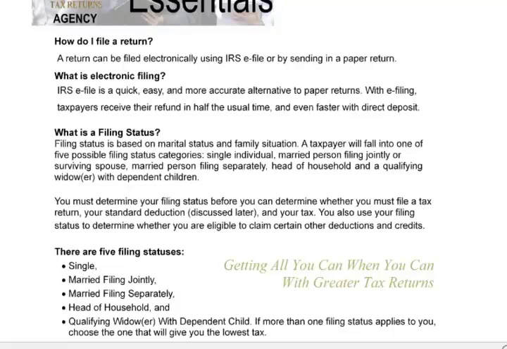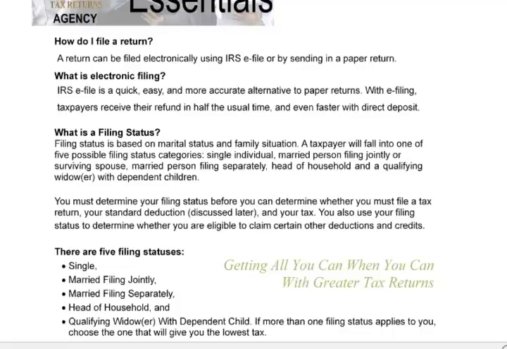What is a filing status? Well, a filing status is based on marital status and family situations. A taxpayer will fall into one of 5 possible filing status categories, and they are single individuals, married persons filing jointly, married filing separate, an individual that is a head of household, and a qualifying widower.